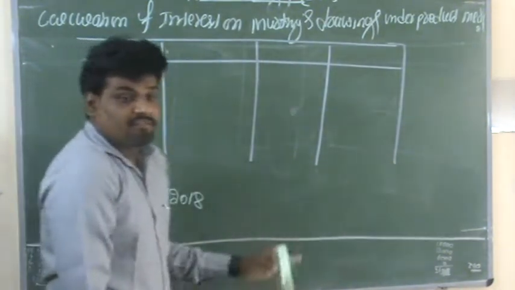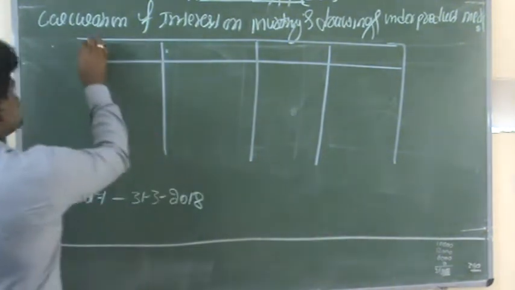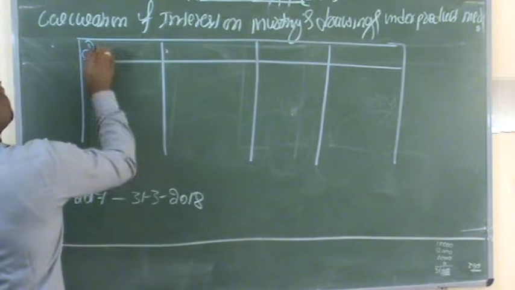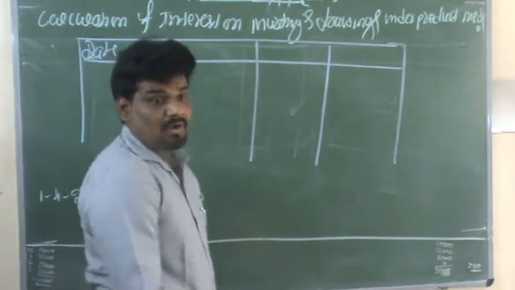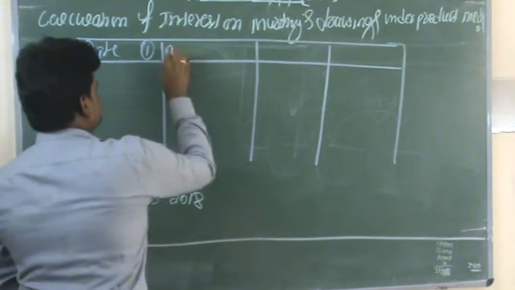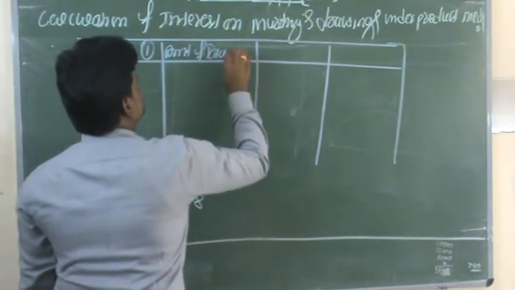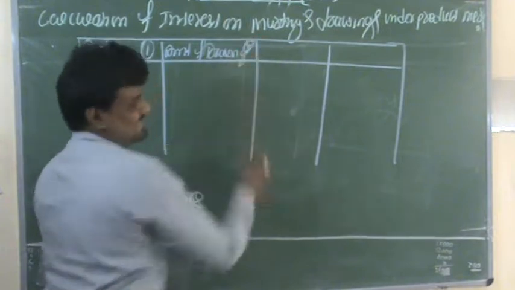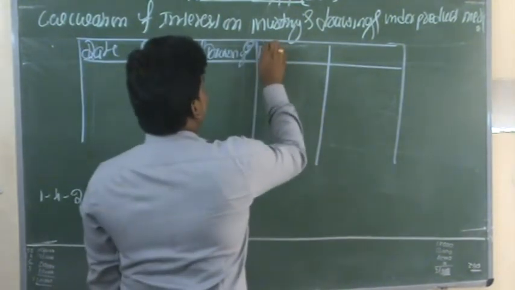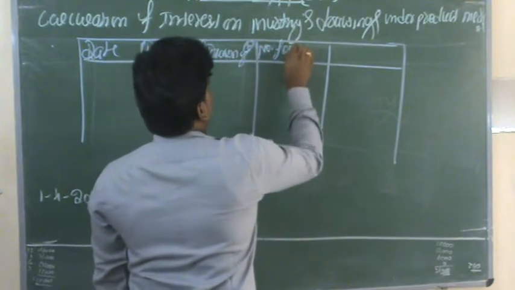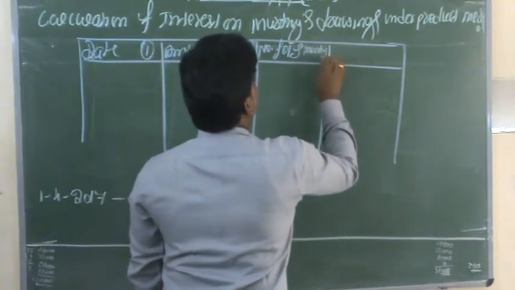So here we need to take 4 columns for ascertaining the product. The first column is related to date. The second column, amount of drawings. Third column, number of outstanding months or outstanding period.